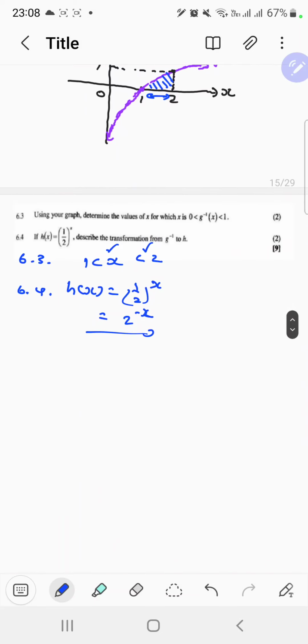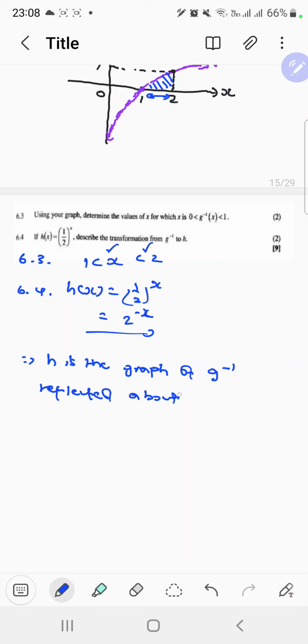So basically this implies that h is the graph of the inverse of g that is reflected about the line y equals x.